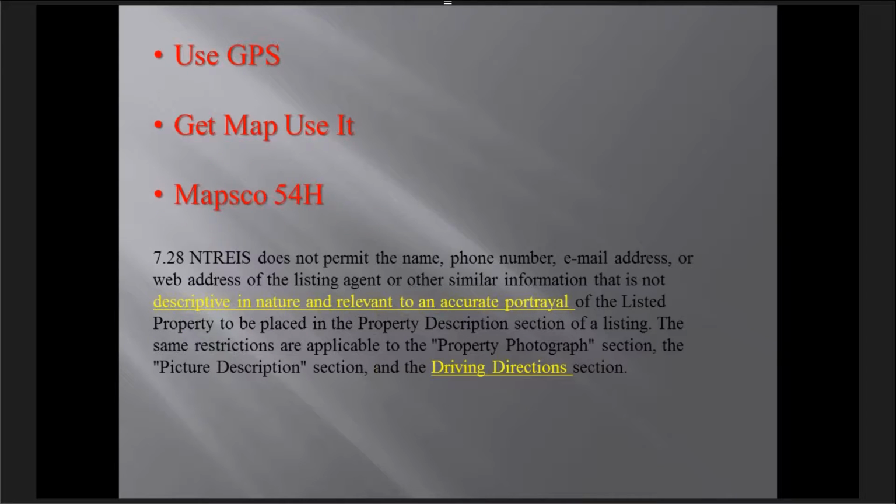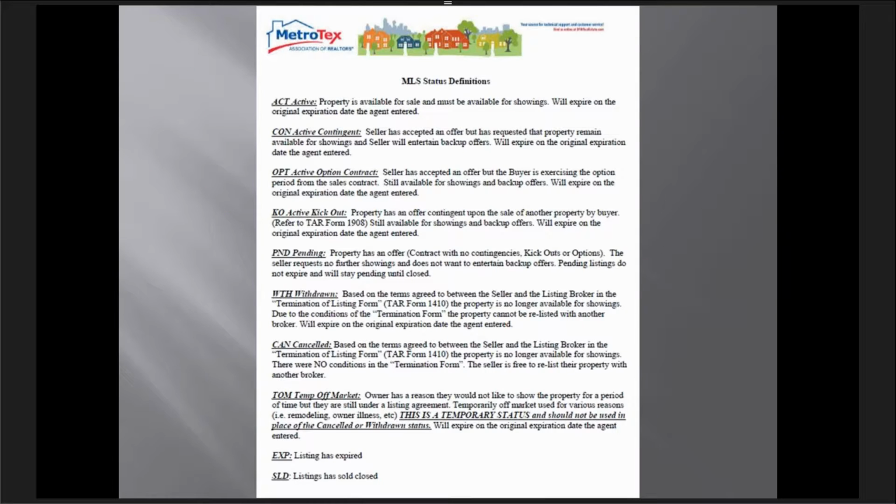We've already talked about the mapping issue, so make sure it's got actual directions. And also, you have a sheet that I passed out that is for statuses and an explanation of statuses. I know that is a very confusing topic. We've actually got a video, and all of you are going to receive an email after today that's got video content and other links to some shortcuts that will help you. So there's a discussion about the different statuses.